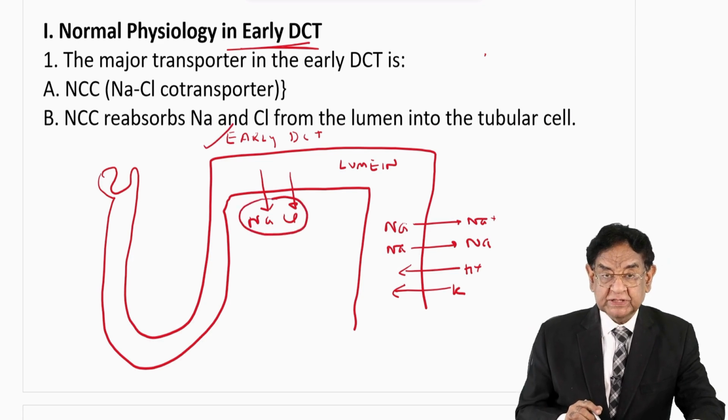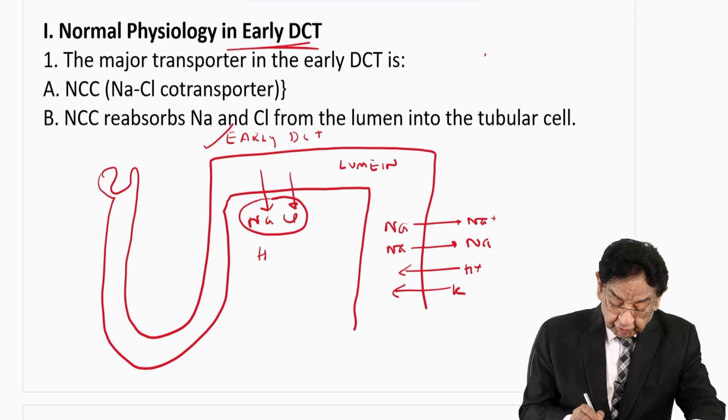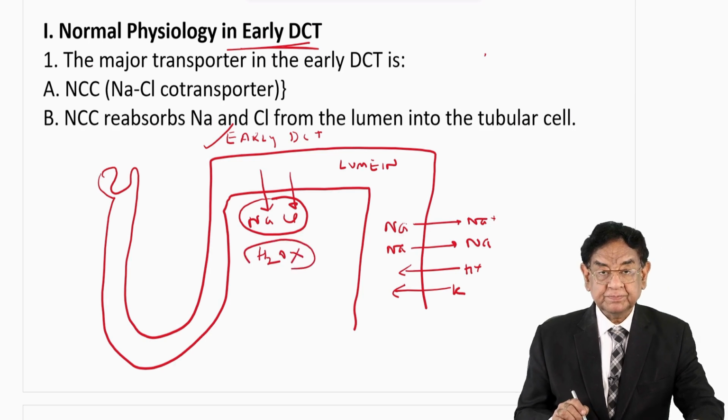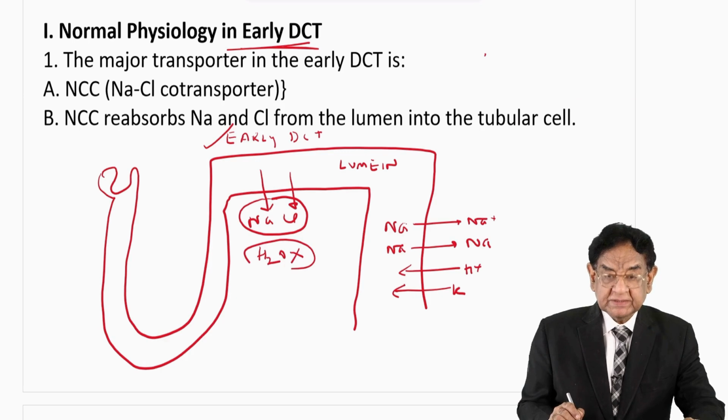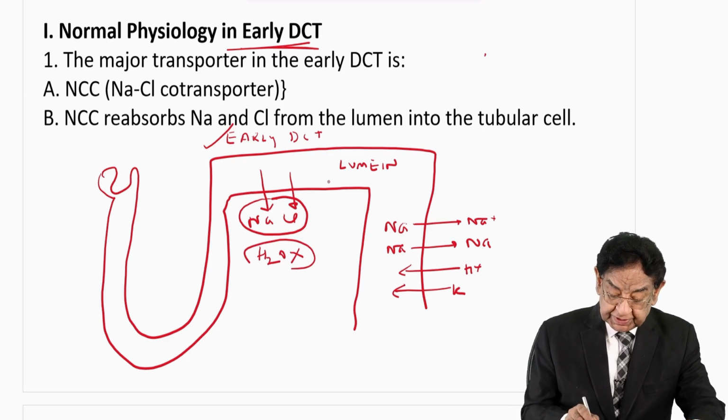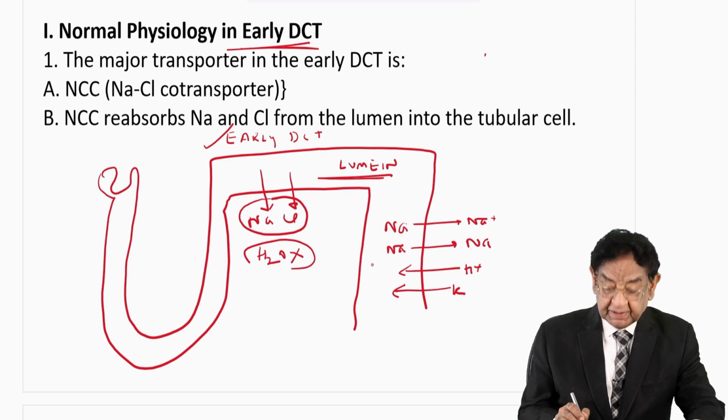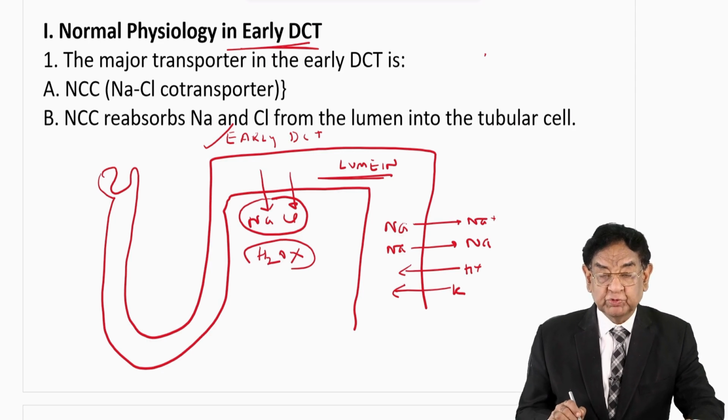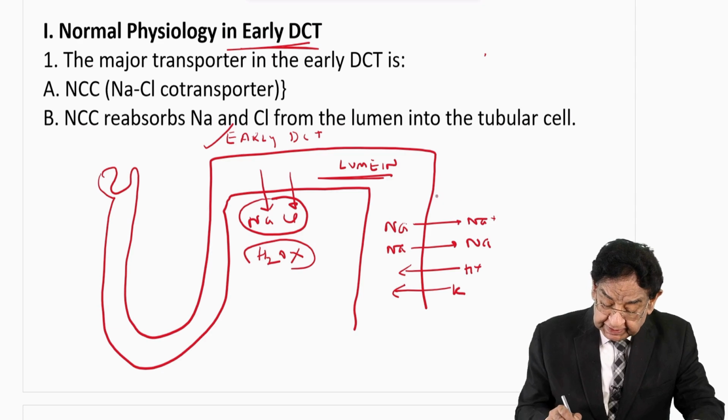And we all know this part is impermeable to water. Here water is not absorbed. Well, some amount of this lumen of the urine, the remaining urine with sodium, comes to the collecting tubule. This is the collecting tubule.